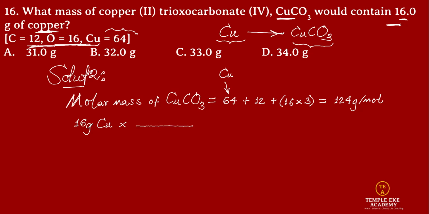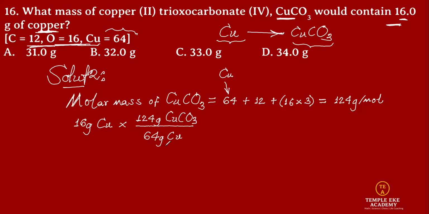So gram of copper, we have 64 grams of copper present in 124 grams. This is the relationship desired for the cancellation. 64 grams of copper, present in 124 grams of copper 2 trioxocarbonate 4.